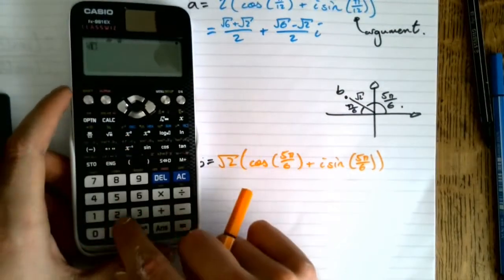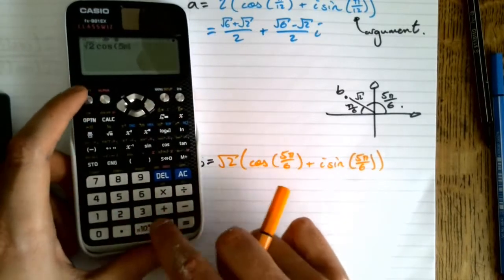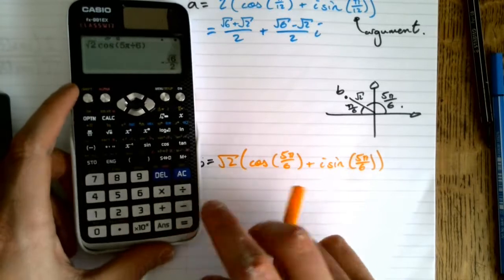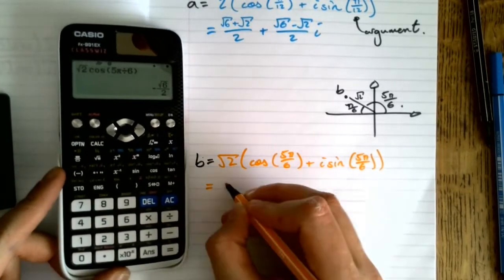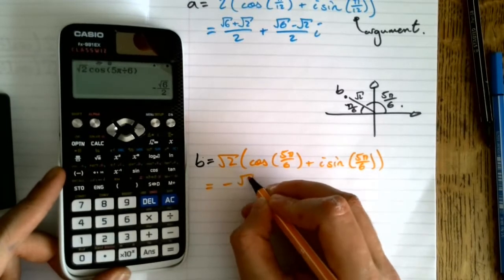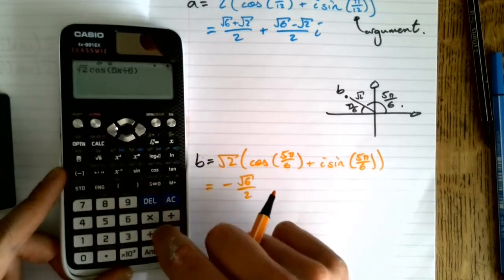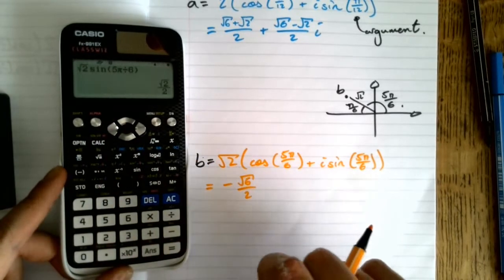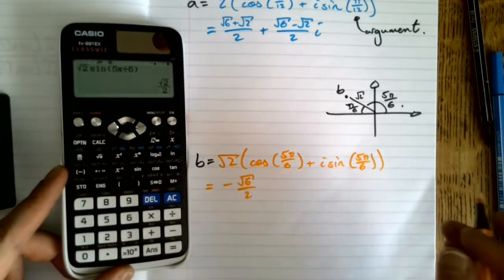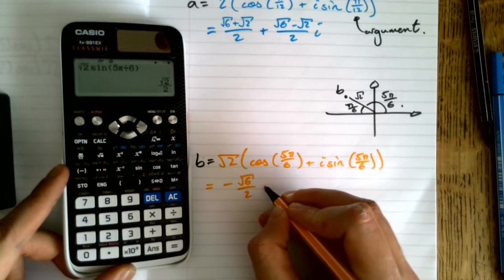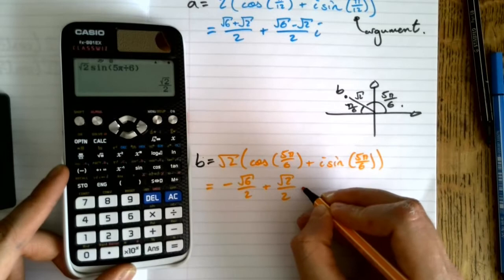Root 2 times cos of 5 pi by 6 gives, that's a little bit nicer, minus root 6 over 2. I bet sine's going to be quite similar. Root 2 over 2. Alright, was that right? Yeah, wow. Plus root 2 over 2 i.